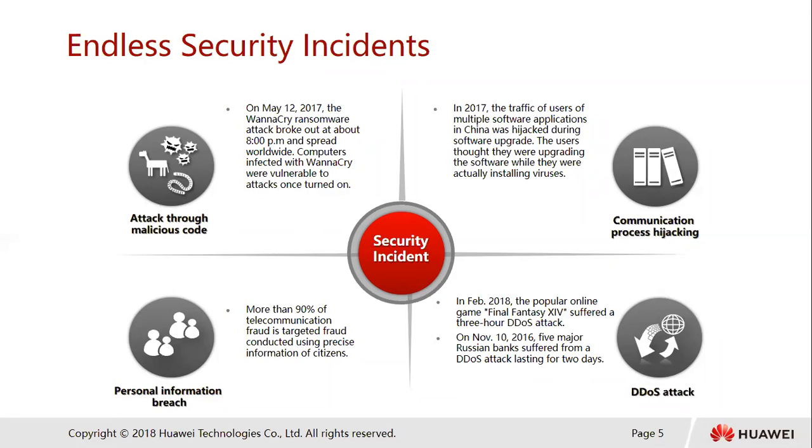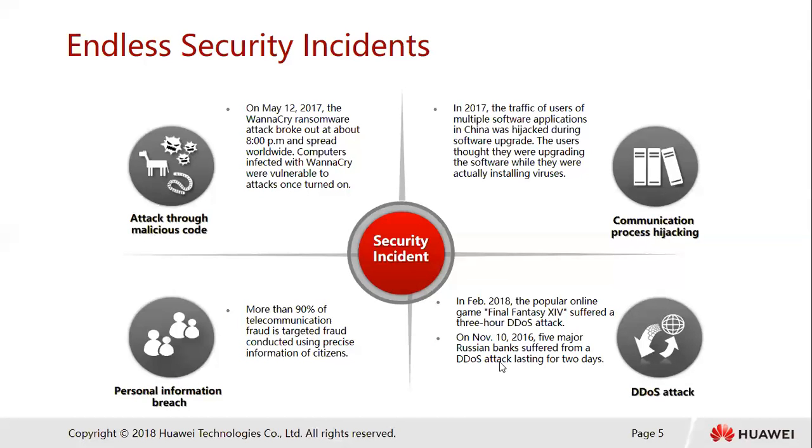And then we have also DDoS attacks. So, of course, this happened in February 2018, where the popular online game, Final Fantasy 14, suffered a DDoS attack for 3 hours. So here, the gamers couldn't play the game for 3 hours. And of course, the company running this game suffered losses.